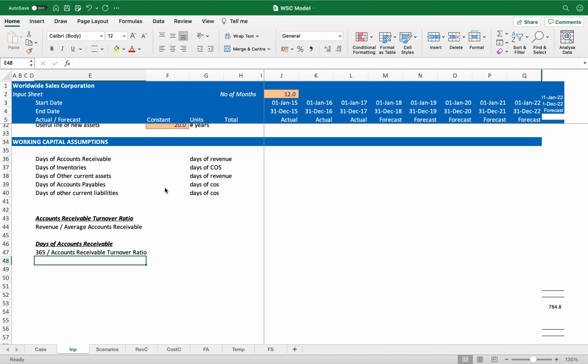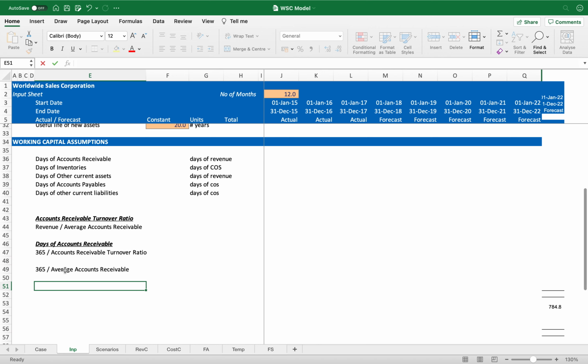Now there are two ways to do it. Either you compute the turnover ratio first and then divide 365 by the turnover ratio, or you can use a simple formula as well, and this will become 365 multiplied by average accounts receivable divided by revenue. This is what the formula will become.